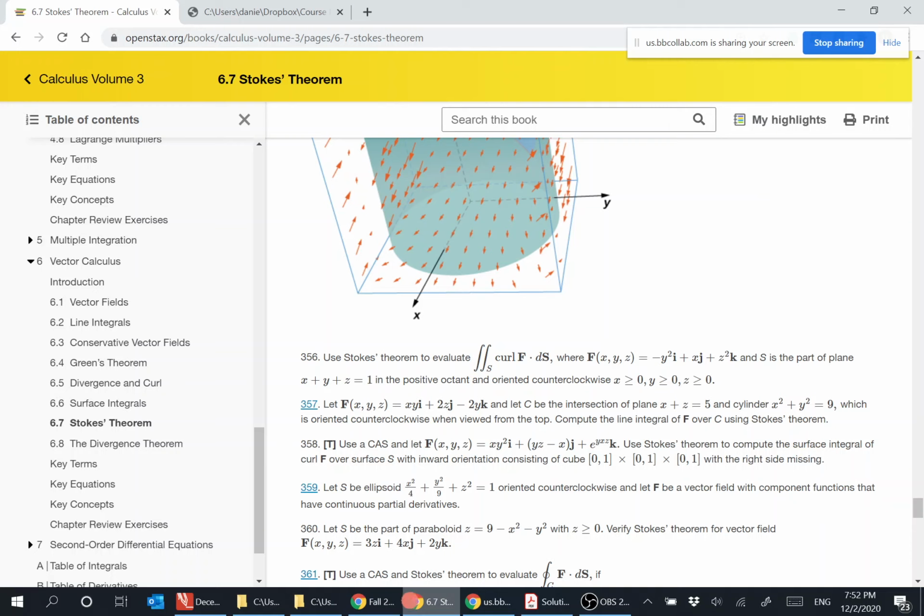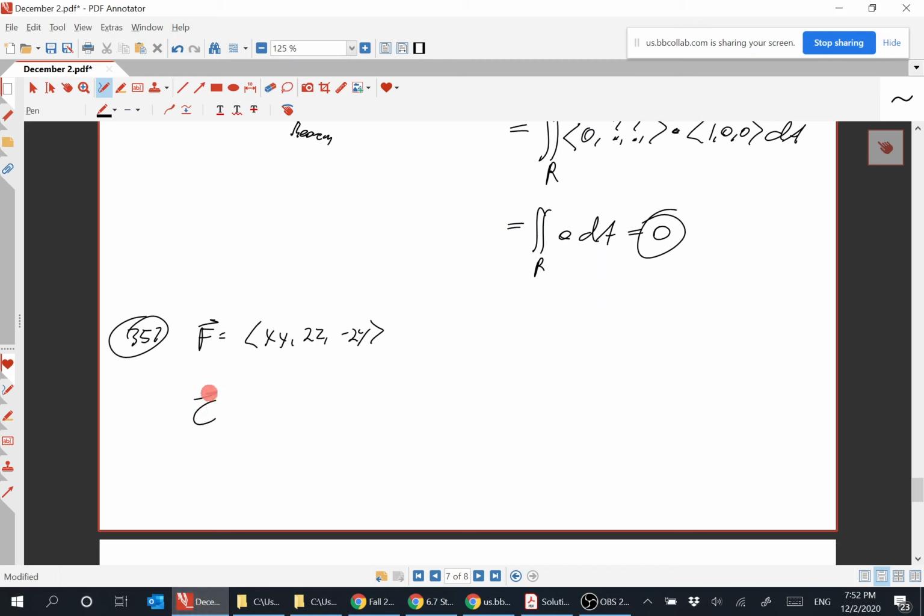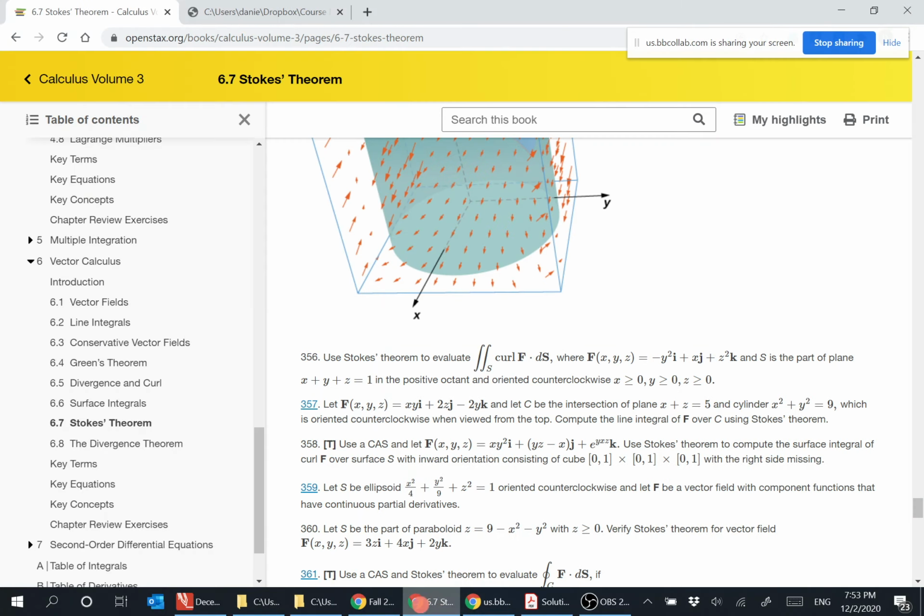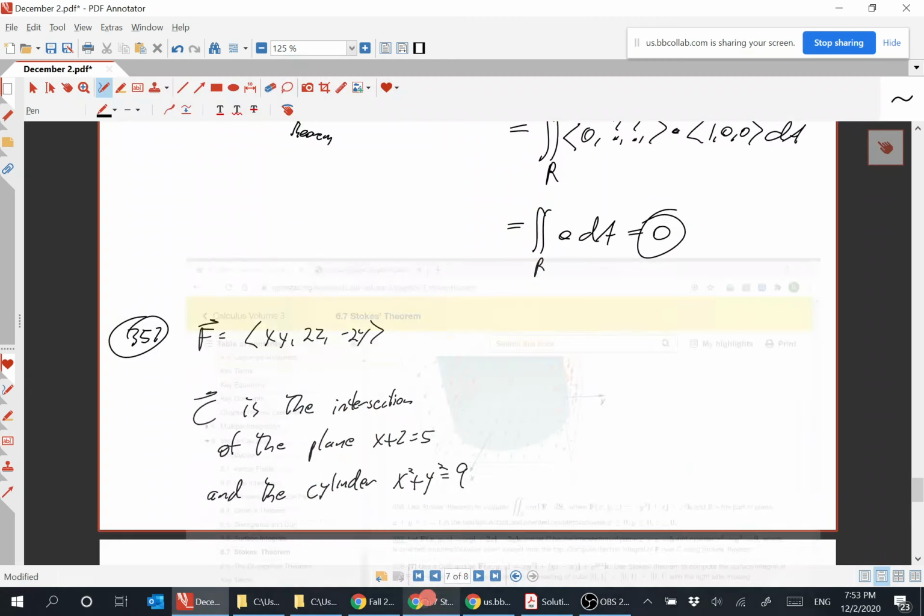And C is the intersection of the plane x plus z equals 5 and x squared plus y squared equals 9.